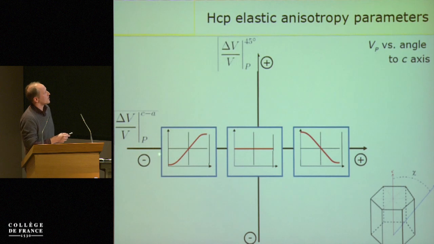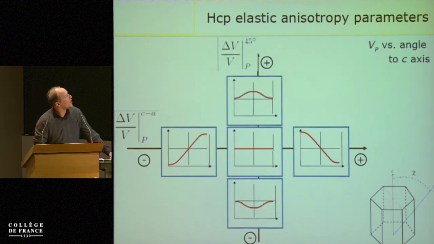This parameter here tells you which axis is faster. If this is negative, the A-axis is faster than the C-axis. If this is 0, they are the same. And if this is positive, the C-axis is faster than the A-axis.